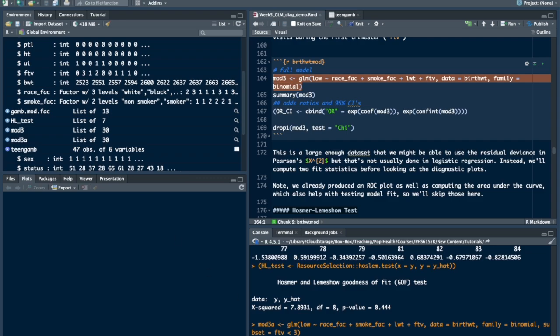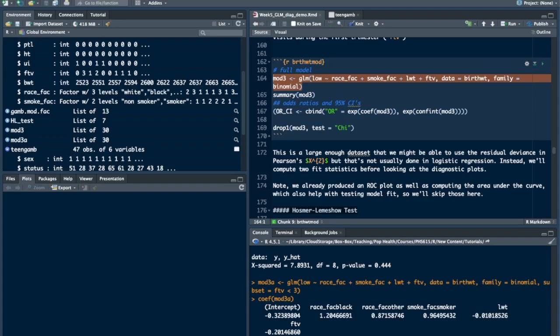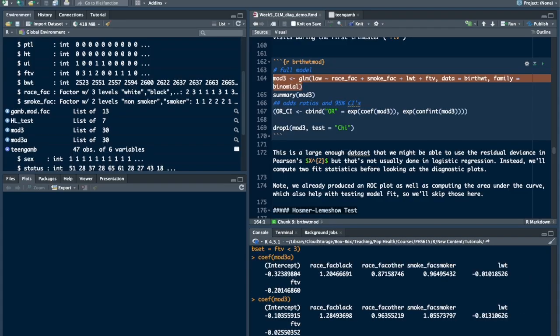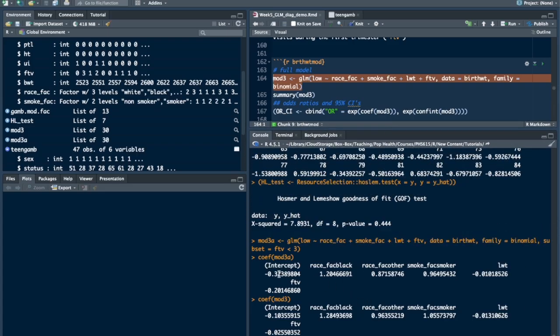So we'll do coef mod 3A and coef mod 3. Okay. So we do have some changes. Obviously, the intercept changes. Without the high utilization people, FTV's coefficient actually gets larger, it's further away from 0.